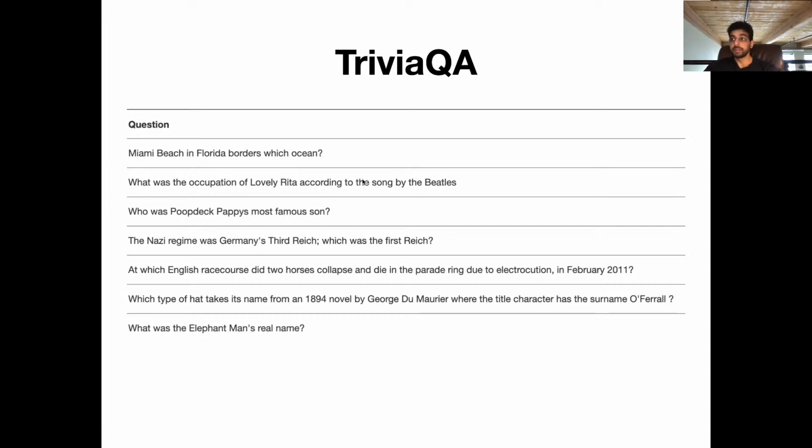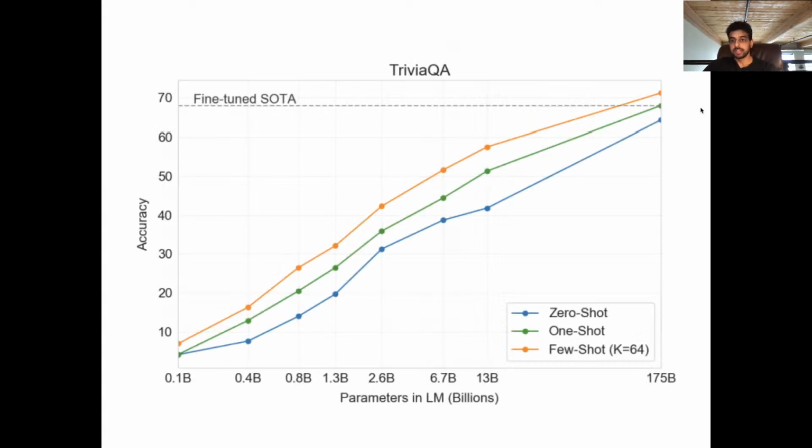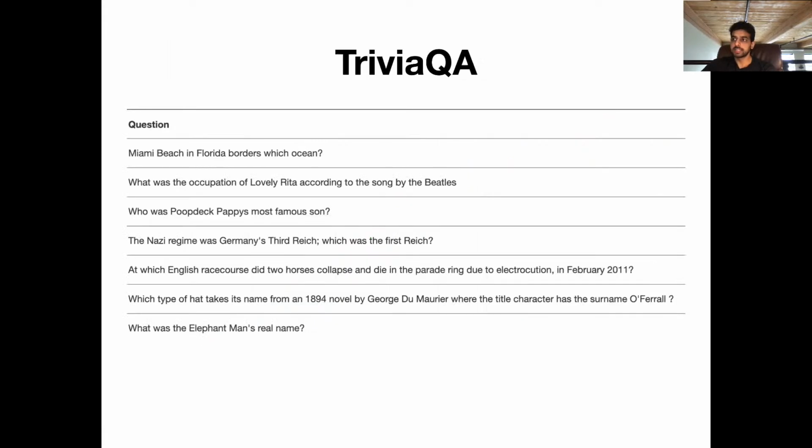With 500 billion training tokens, it's very unclear exactly how much information about Lovely Rita the model has seen before in its pre-training. But this result up here indicates that at least with this 175 billion parameter model, it's actually been able to memorize a huge number of these facts and at least well enough to answer these questions.